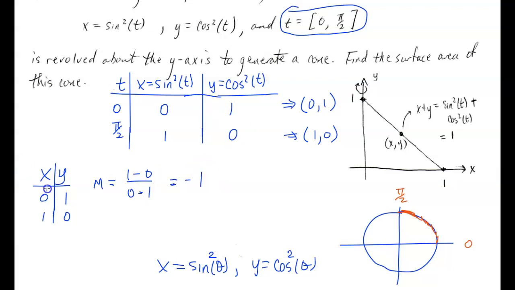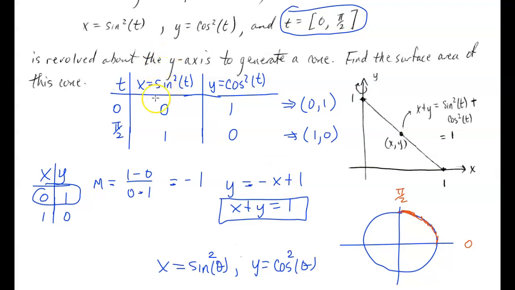And of course, since we have this y-intercept here, this tells you that y is going to be -x plus 1, or put another way, x plus y is equal to 1. Now, if you think about what x is and what y is, remember that x is sine squared and y is cosine squared.